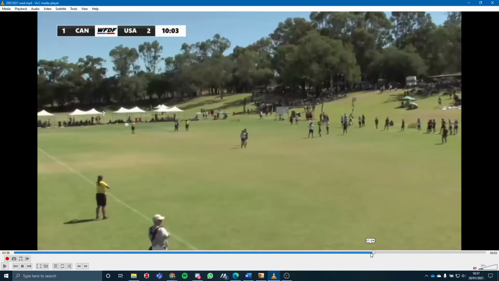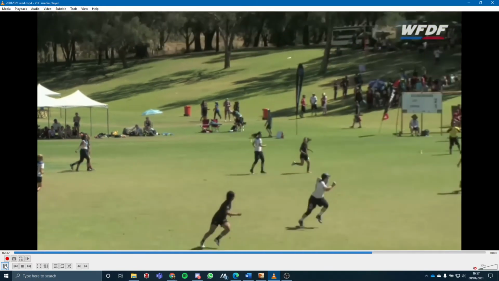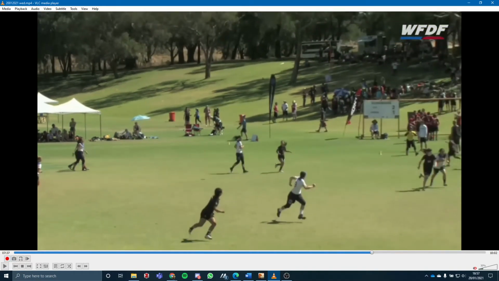I'm not sure, to be honest. It's very close. Redford says it's a foul. Ed says he doesn't think so.